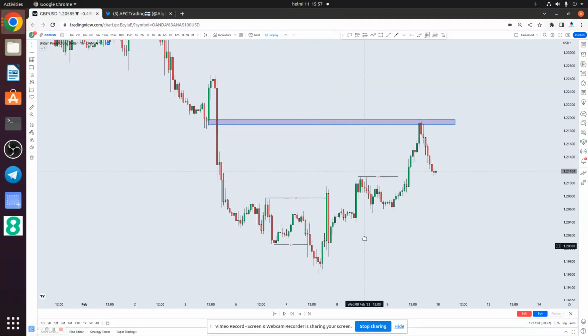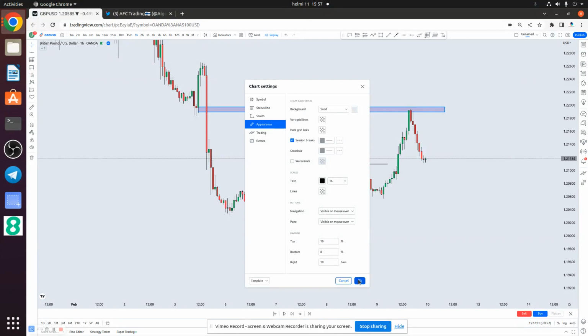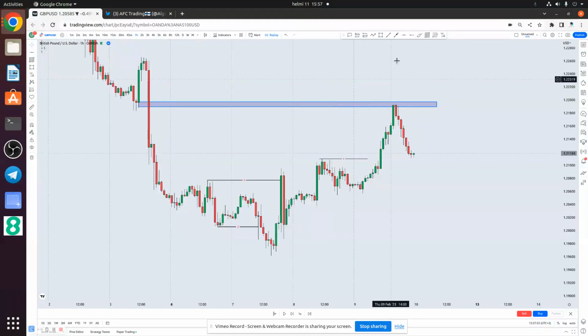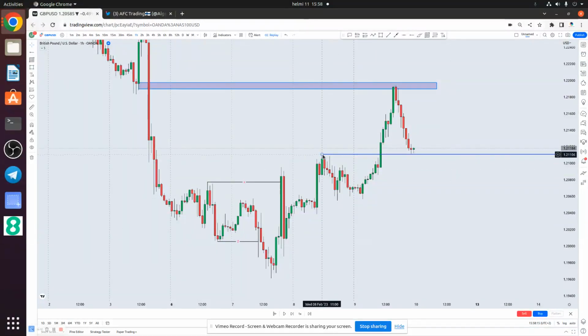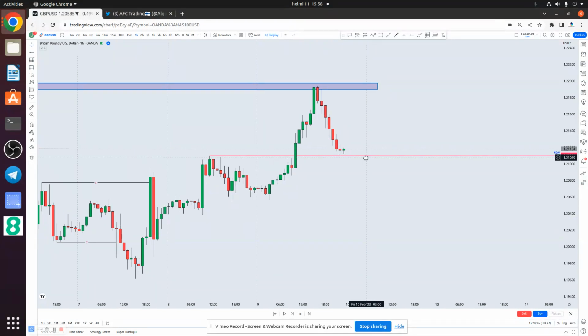So I was asking, how come the pound dollar is going up on the 9th, even though we took previous day's high? So if I put on these indicators to show me the previous day's high, this right here, this was the previous day's high, yes, PDH, meaning previous day's high.